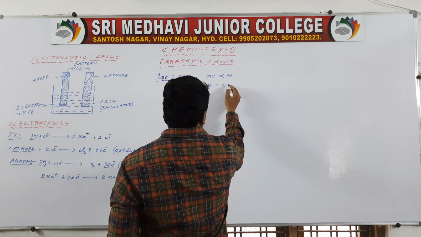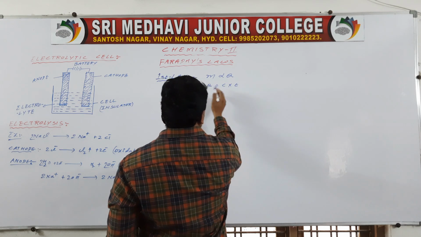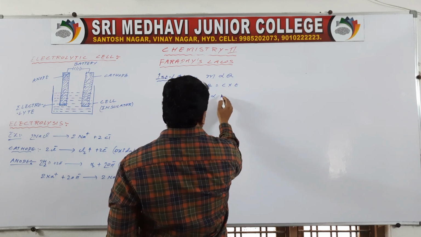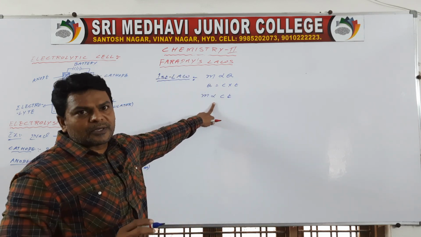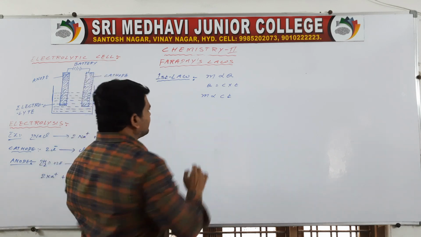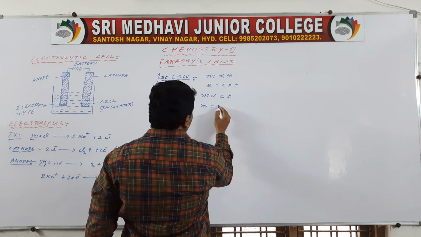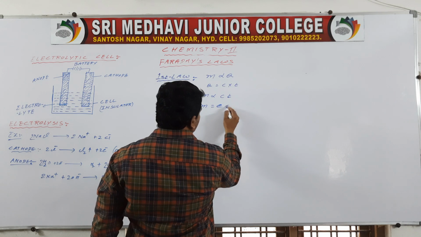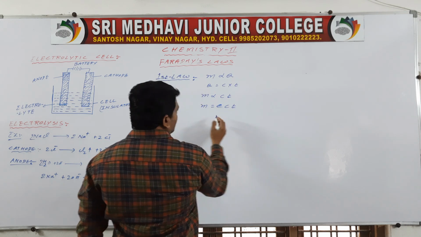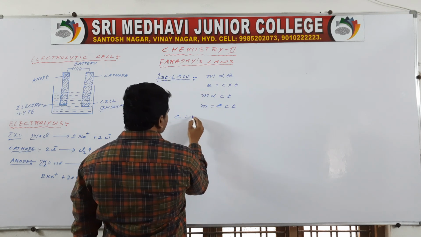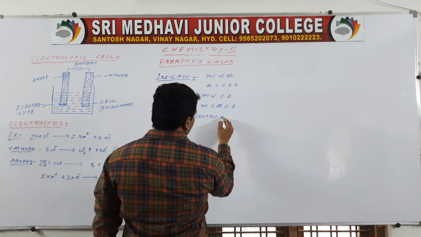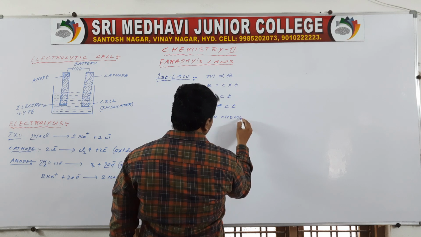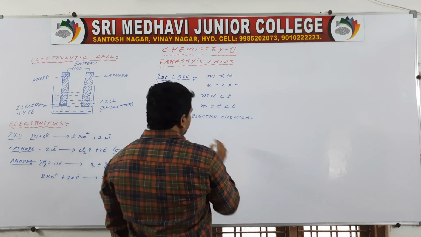So Q equals C into T. Then M is directly proportional to C T. If you want to remove this proportionality, you have to keep a constant. Then M equals e C T, where small e is the electrochemical equivalent.